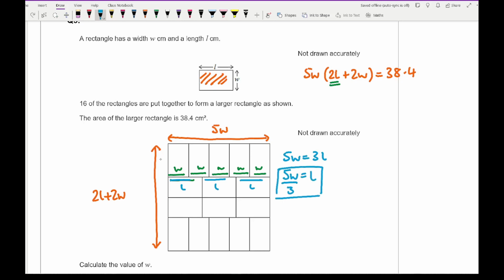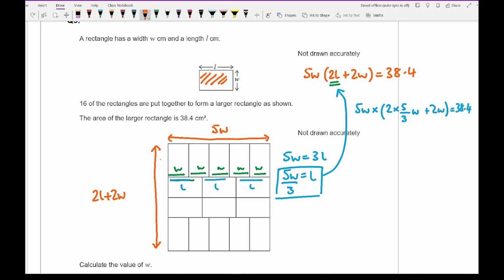Then from this, if I substitute this into this equation here, I end up with 5w multiplied by 2 times 5 over 3w plus 2w equals 38.4.